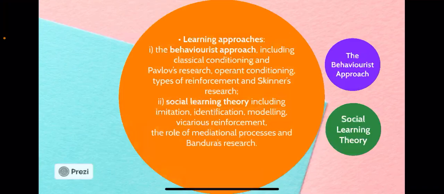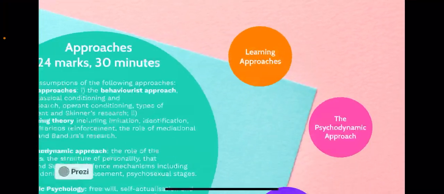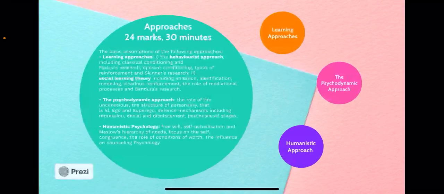Even though there's a whole research methods section, on Paper 2 research methods could come up in the approaches section also. So you get a double whammy with regards to research methods in that case. So have a go at those questions. And next we will look at the psychodynamic approach.